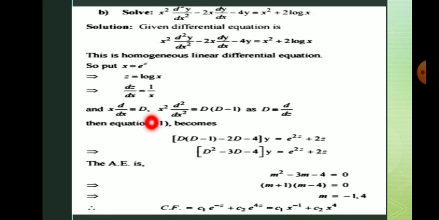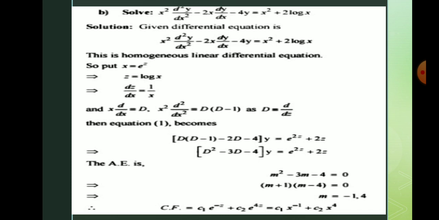By standard substitution, you put x d by dx is equal to capital D, x square d2 by dx square is equal to D(D minus 1), where D is equal to d by dz. So if you put these all values in equation number 1, then equation 1 becomes D(D minus 1) minus 2D minus 4, y is equal to e to the power 2z plus 2z.